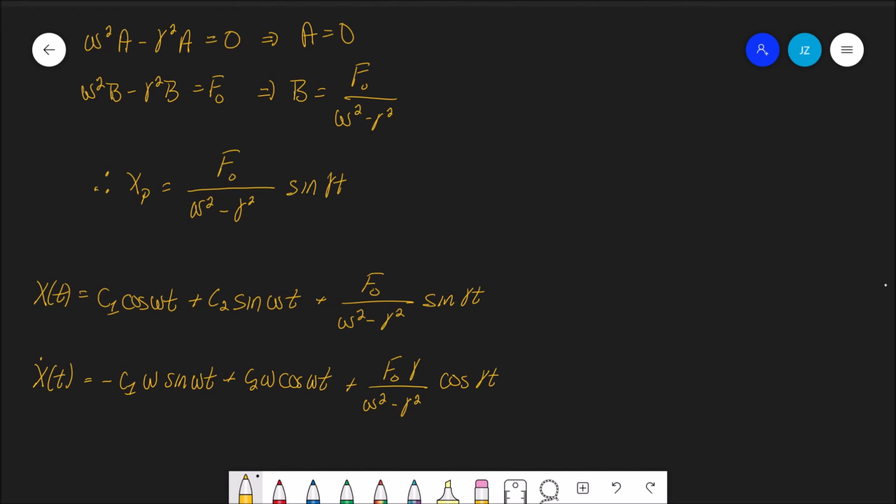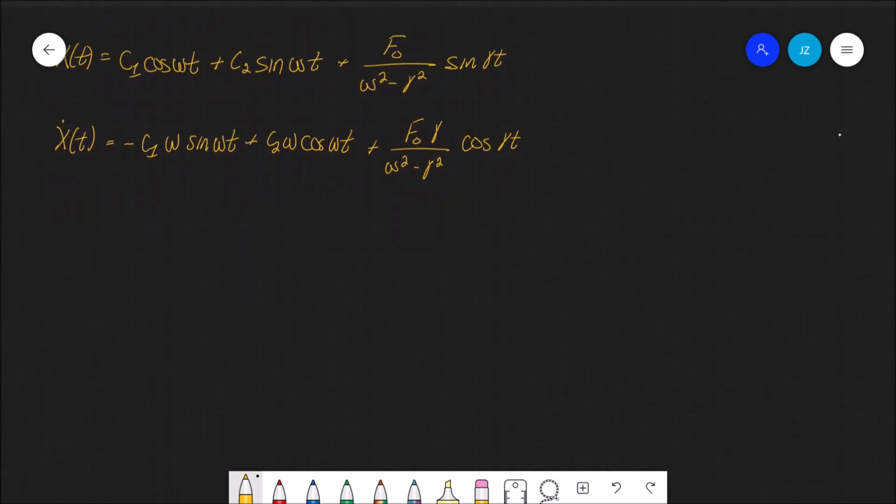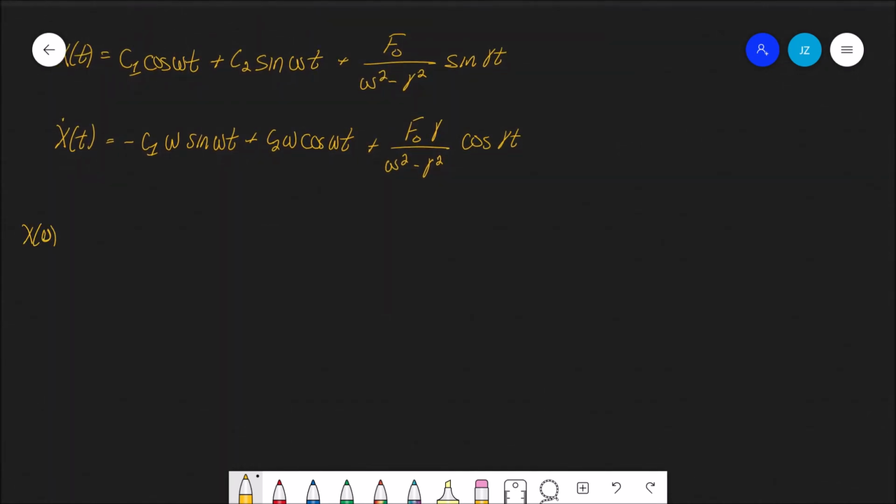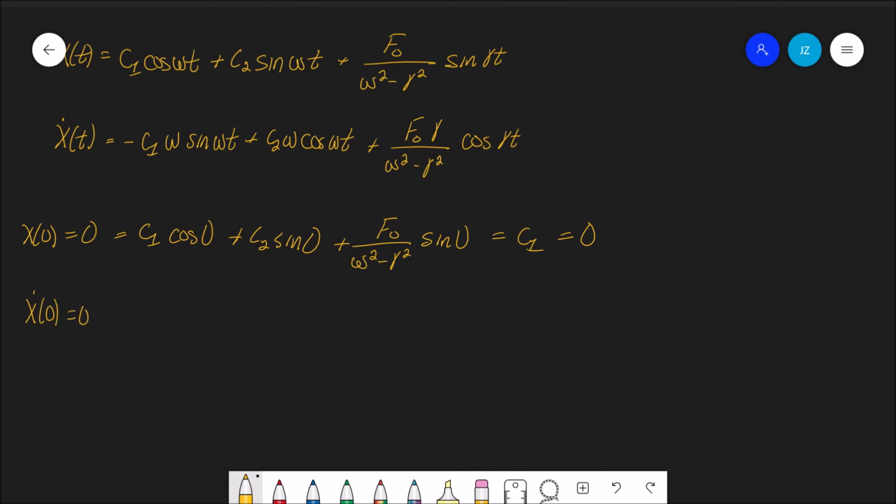So using x of 0 being 0, we get C1 cosine of 0 plus C2 sine of 0 plus F naught over omega squared minus gamma squared sine of 0. This is just C1, and so C1 has to be 0. X dot of 0 is also 0. Well, I already said C1 is 0, so I'm going to cancel out this first term.